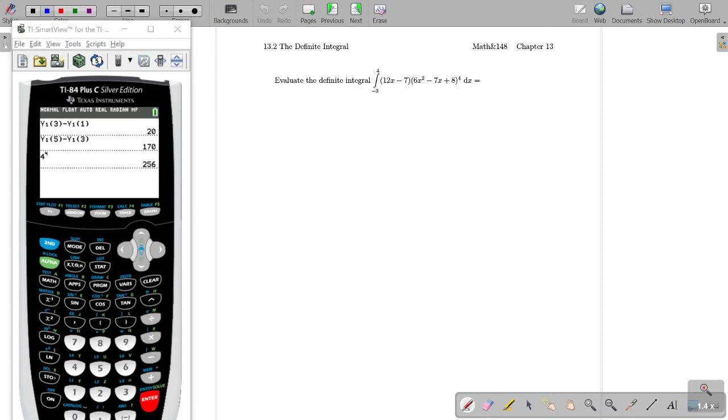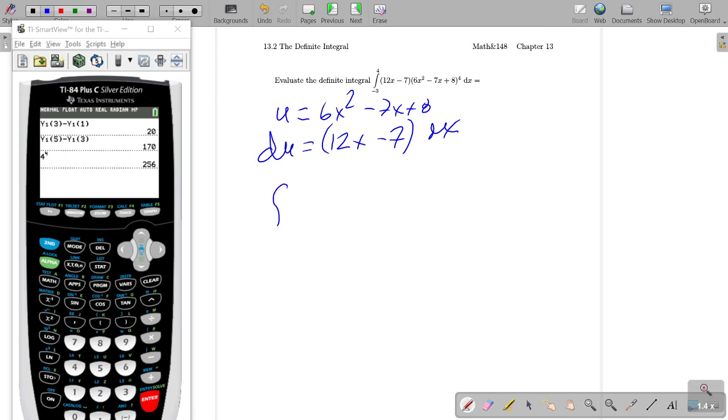Okay, so you should be back. And we will have u equal to the higher power one, so 6x squared minus 7x plus 8, because it's to the fourth. du equals 12x minus 7 dx. And that's exactly what we have, right? So I'm going to integrate this down here. So this would be u to the fourth du, which equals u to the fifth over 5.